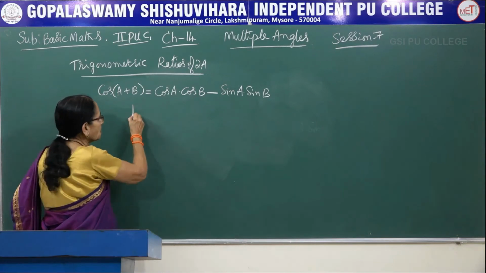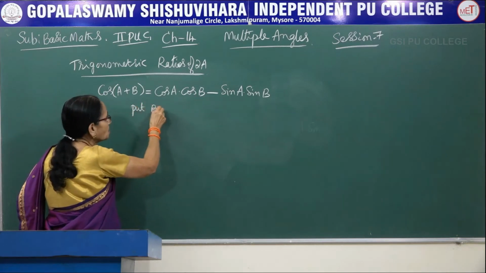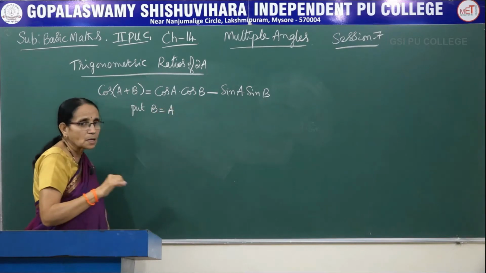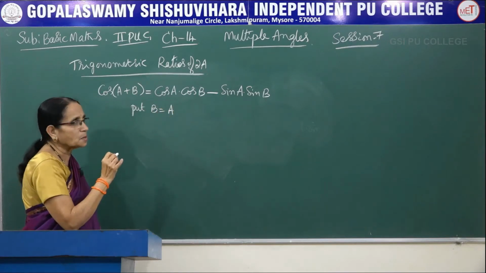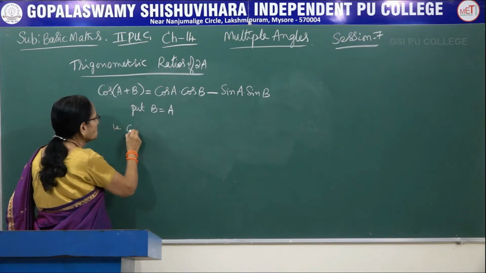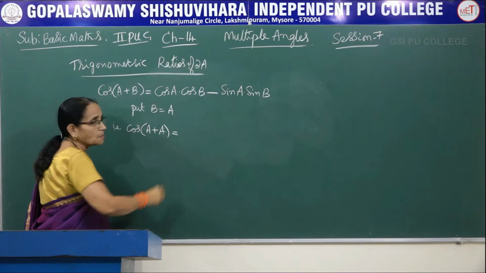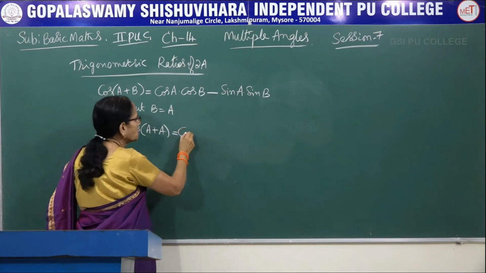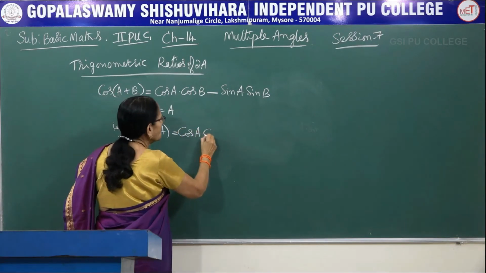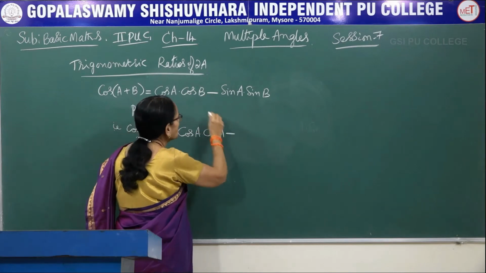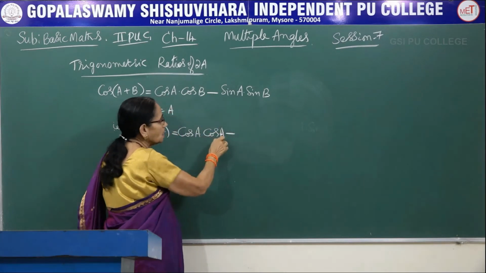As a particular case, let me put b is equal to a. So wherever b is there, you replace it by a. So what happens on the left hand side? It is cos of a plus a. Right hand side, it is cos a into cos a. That is b has been replaced by a.